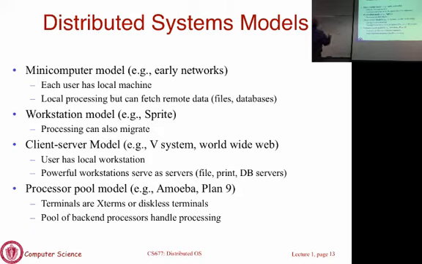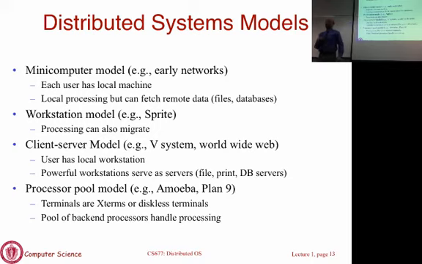Okay? Very early forms of distributed system. A lot of processing was local, but you could get access to remote data or files through this communication that was made possible.